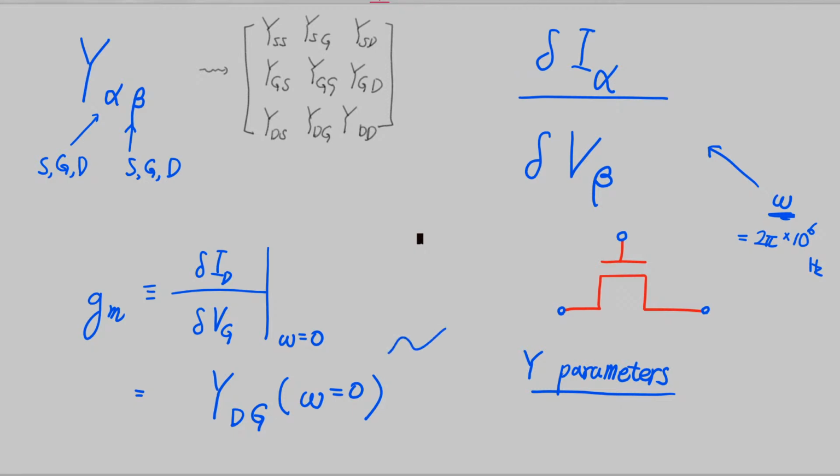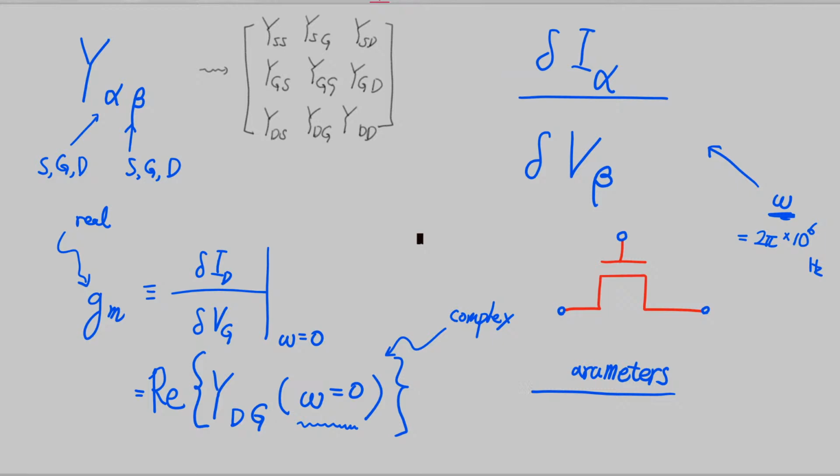Yes, in general this can be a complex number, and at low frequency this is a real number. What is the difference? At low frequency we will have just the in-phase component, because we wait forever after applying a certain voltage, so they are always in phase. So in this case we say this is the in-phase component. Okay, then also think about this one.